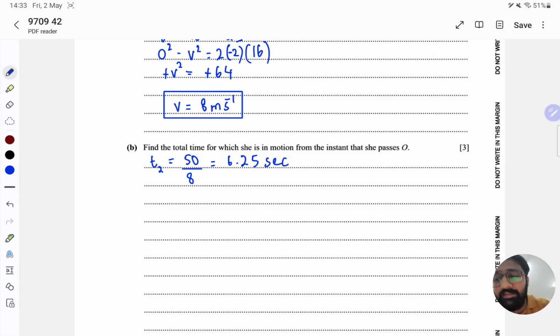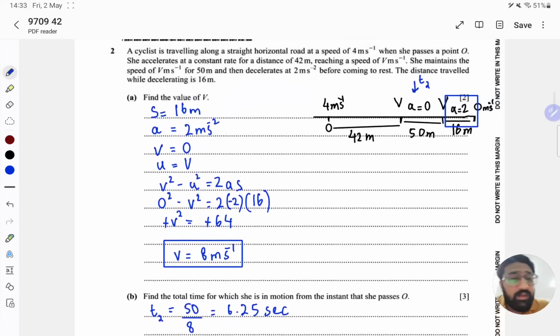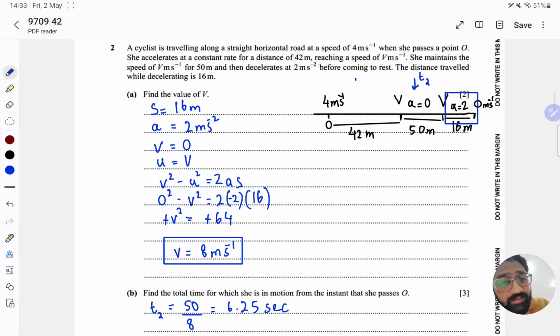Now this is the time that he has taken for the mid portion of the journey. Now let me call this time 1. This portion of the journey is where the initial speed is 4 and the final speed is v, which is 8, and the distance that he has covered is 42 meters.